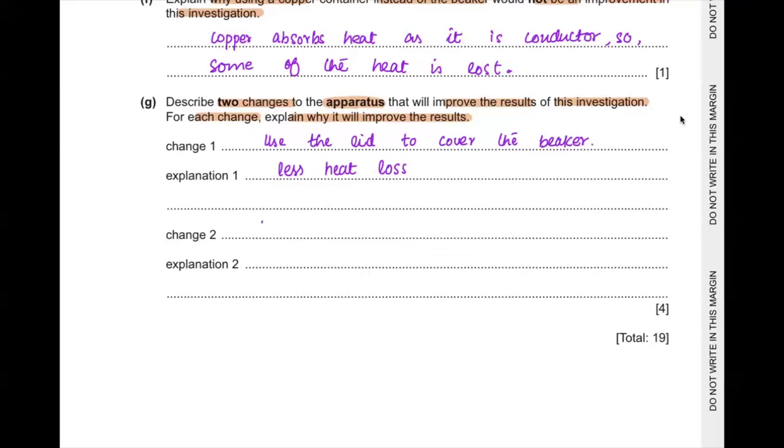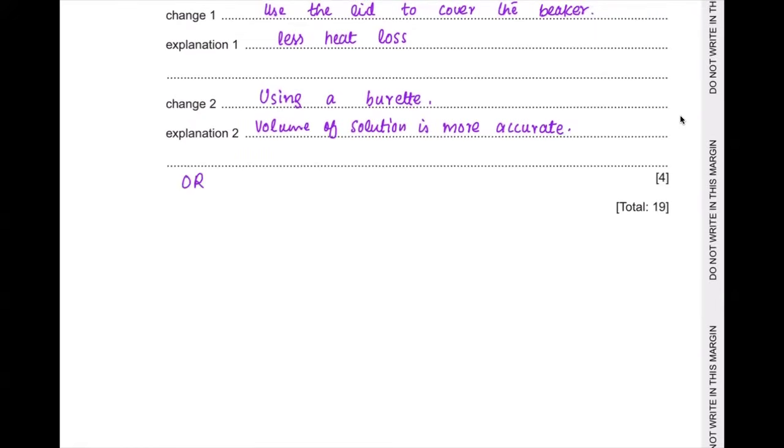So using a burette, the volume of the solution is more accurate.